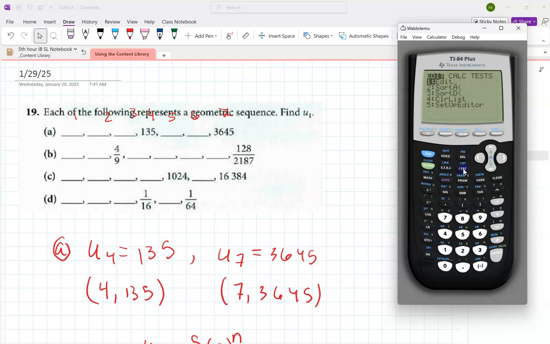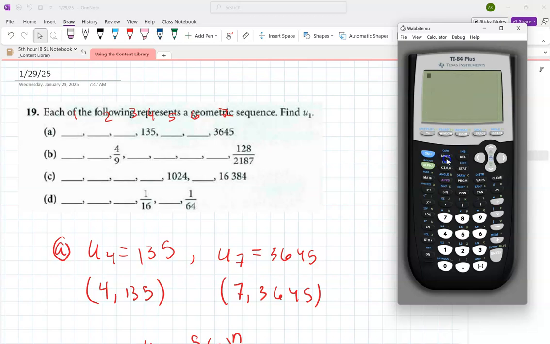So to get those into my calculator, I press Stat, and then from the Edit tab, I'll pick the Edit command, and I'll type the X coordinates into L1 and the corresponding Y coordinates into L2. Once I've got those in there, I'm going to exit out to the main screen.